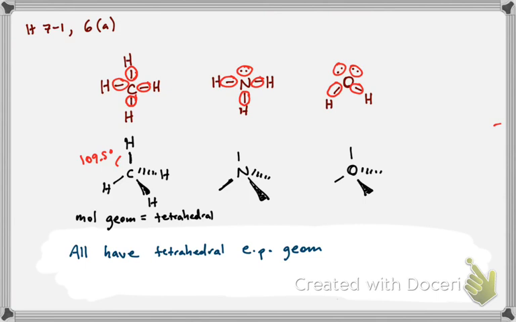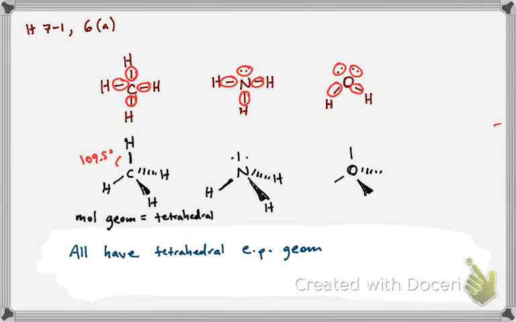All right, let's check out ammonia. So ammonia, I got 3 hydrogens, so I'm going to put those down here. And then I have a lone pair of electrons. I'll put that on top. Now, it doesn't matter where you put those lone pairs, as long as you put them somewhere. This shape is a little bit different.